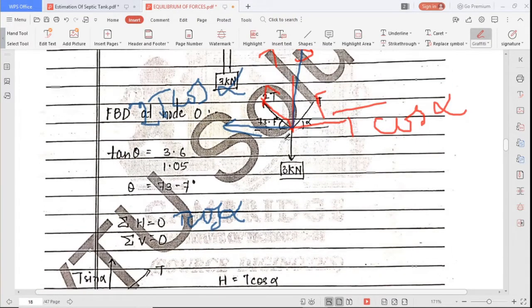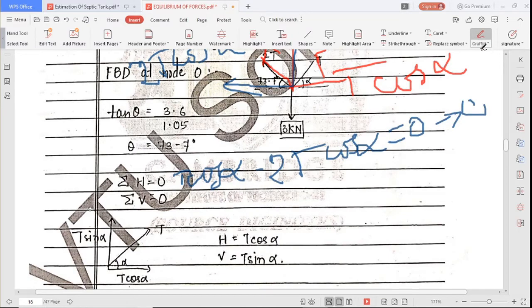Now this force minus 2T cos alpha is equal to 0. This is for horizontal forces equal to 0. Take this as equation number 1.